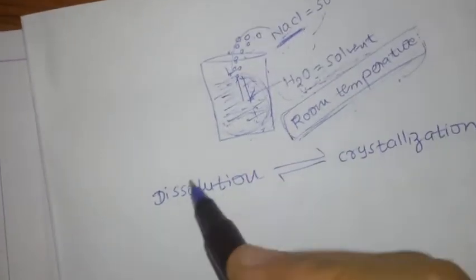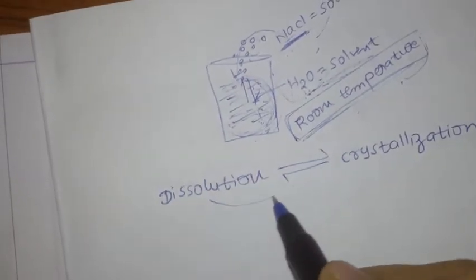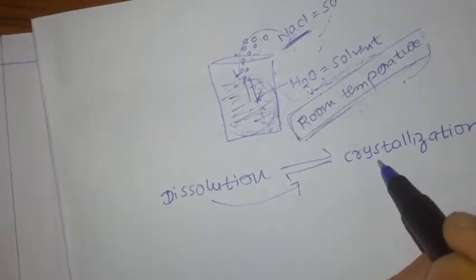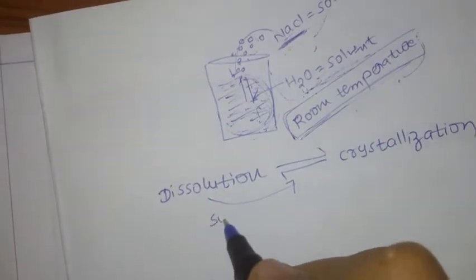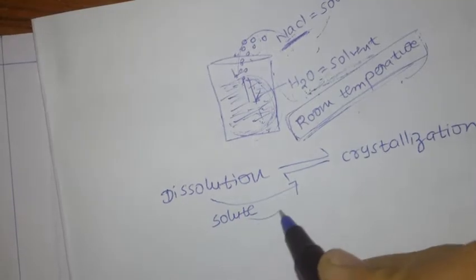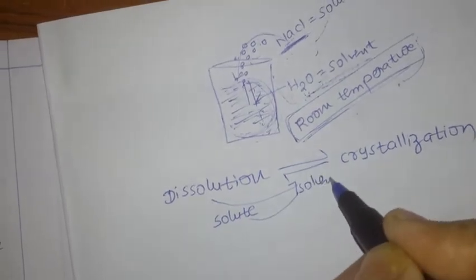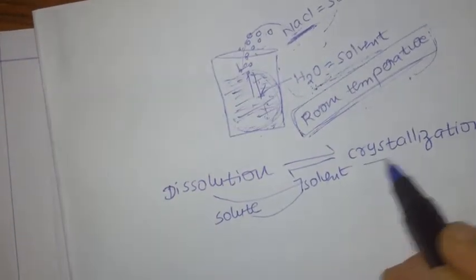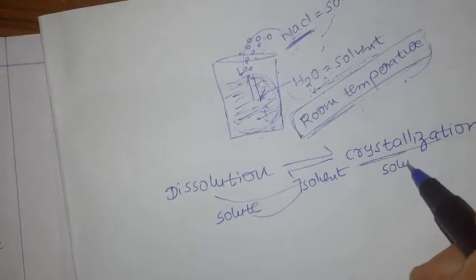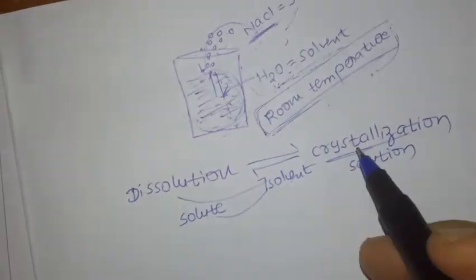Dissolution means solute particles are going into solution, so the solute is going to dissolve in the solvent. In crystallization, what happened? From the solution, solute particles are coming back.